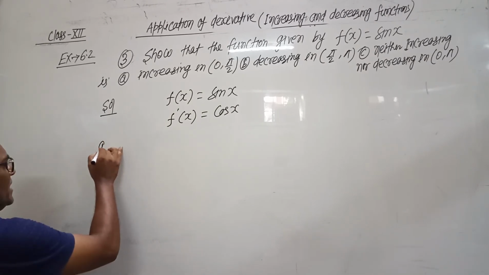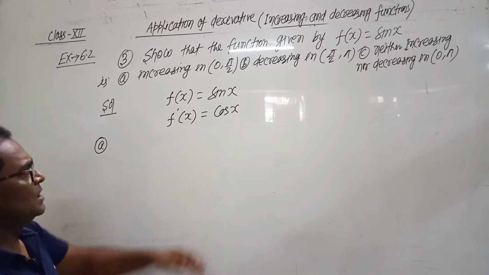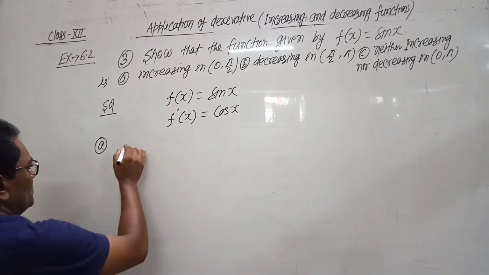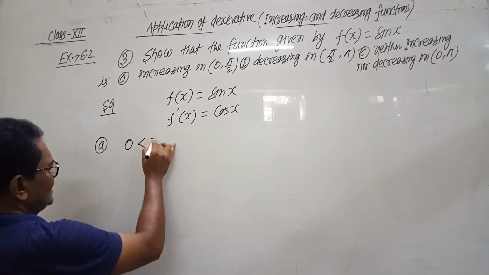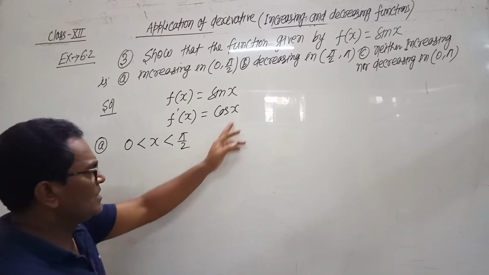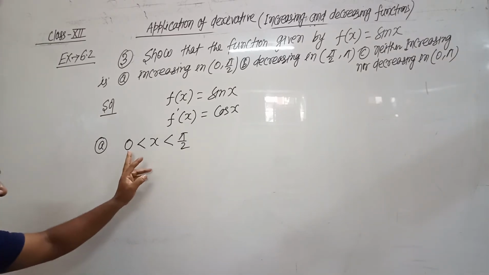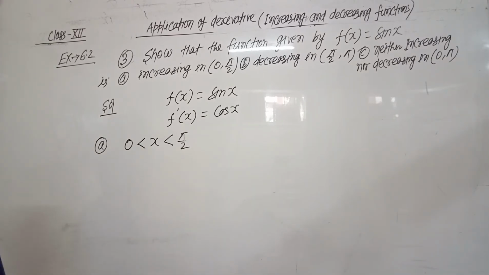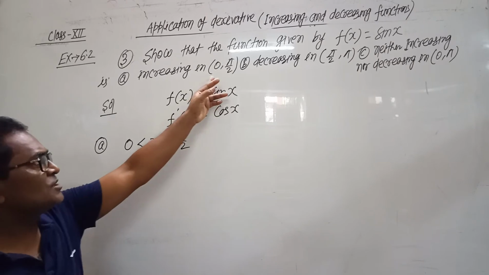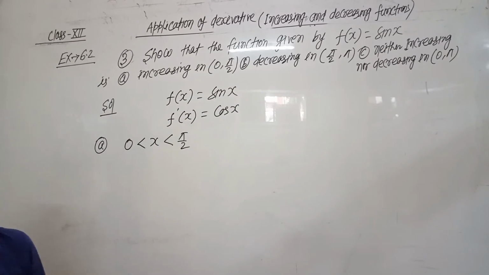Now for A part, the interval is given as 0 to pi by 2, meaning 0 is less than x is less than pi by 2. The value of x lies in the interval 0 to pi by 2, where 0 and pi by 2 are excluded because it is an open interval.